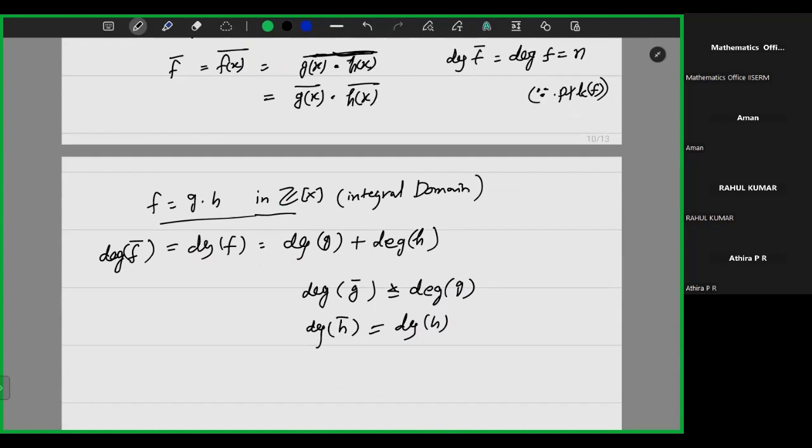There could be some different kind of factorization in Z[X]. For example, F is 2 into X or 3 into X, whatever. So I'm not sure that their degrees are strictly bigger than or equal to 1. What happens to constants? Wait a minute.